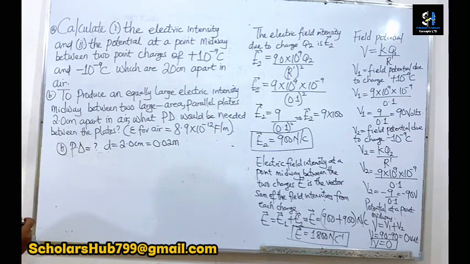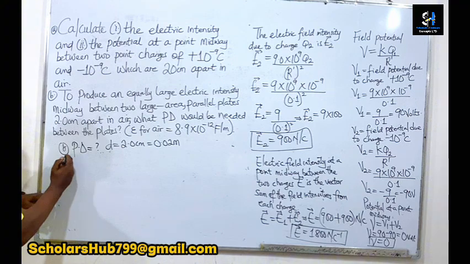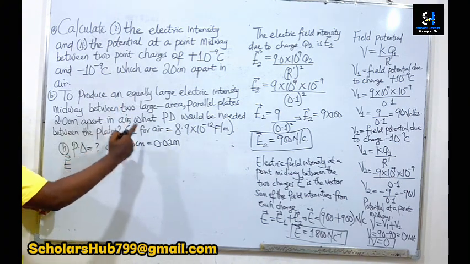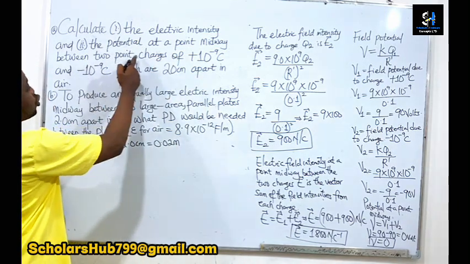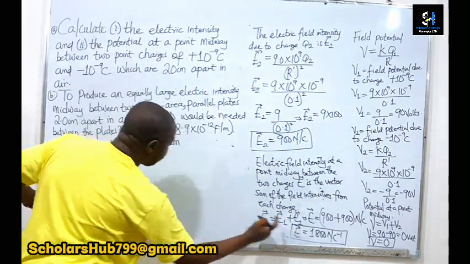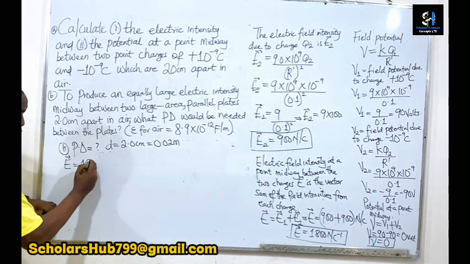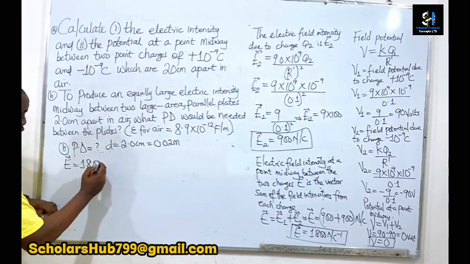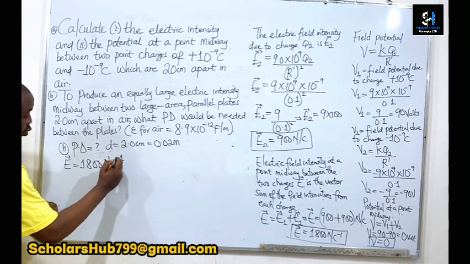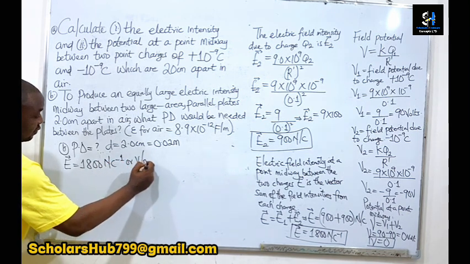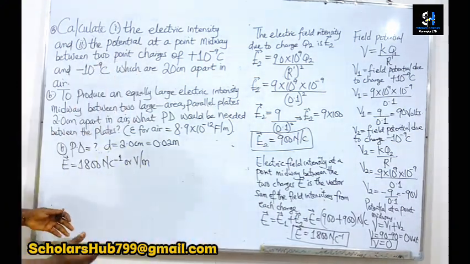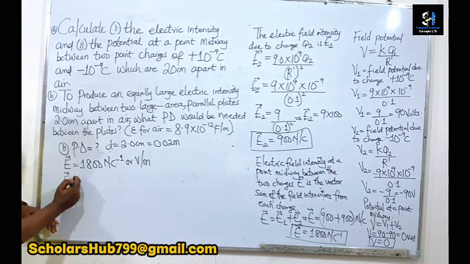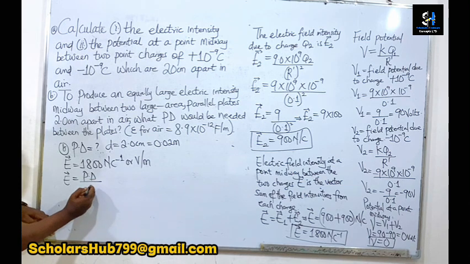So in this case, we're going to make use of the electric field intensity at a point midway between the 2 point charges, which is the value we have here as 1800 Newton per coulomb, or the unit can as well be volts per meter, because here we are using what we call potential gradient. So electric field intensity will be potential difference over distance.